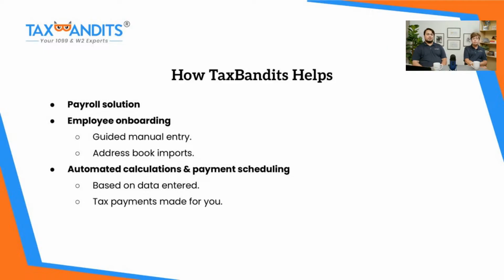They'll be added into the address book, so that when it comes time to file forms, 1099s, W-2s, they're already in the address book, so you don't have to enter their information all over again. And with the information entered on W-4s, there's the automated calculations and payment scheduling. So you can choose your schedules, your pay period, and it'll calculate the taxes and everything for you based on the information that's been entered.